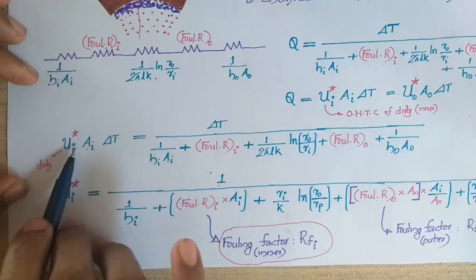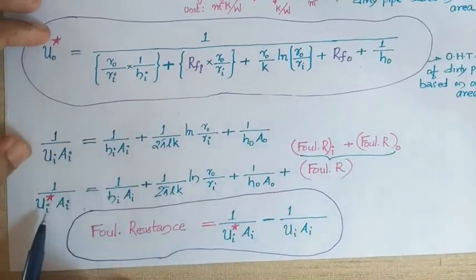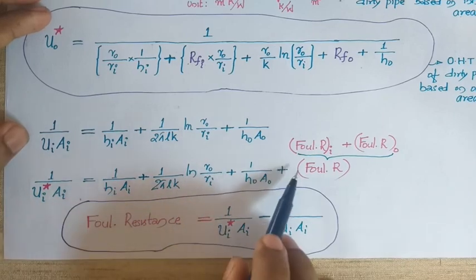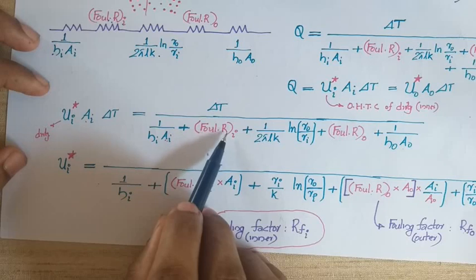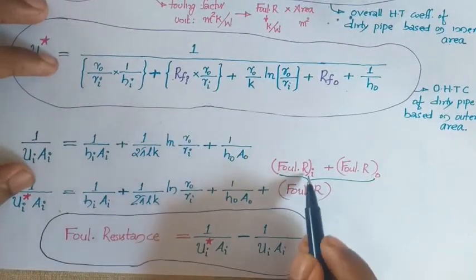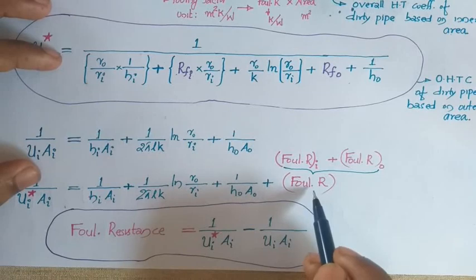From this equation also I will be finding 1 by Ui star into Ai. If you are finding 1 by Ui star into Ai, you will be getting this expression plus the fouling resistance. Here the fouling resistance at inner and the fouling resistance at outer are coming. I will be writing the sum of the fouling resistance inner and outer as the total fouling resistance.